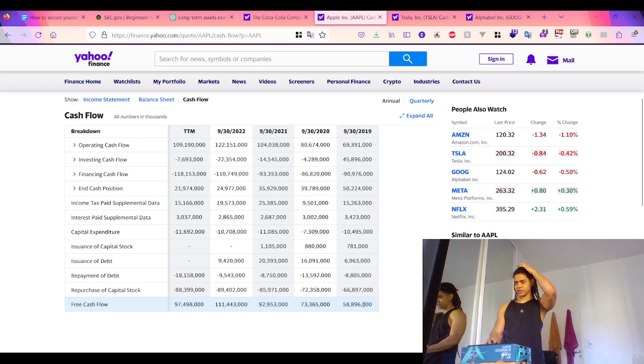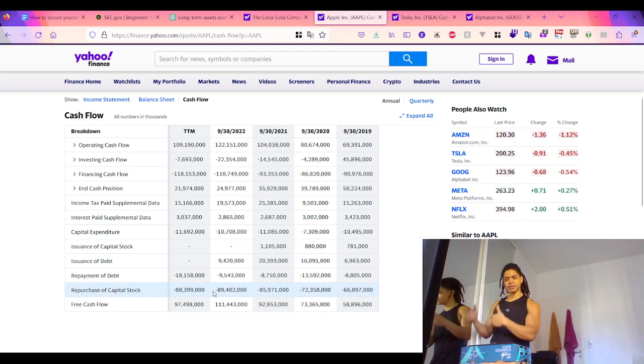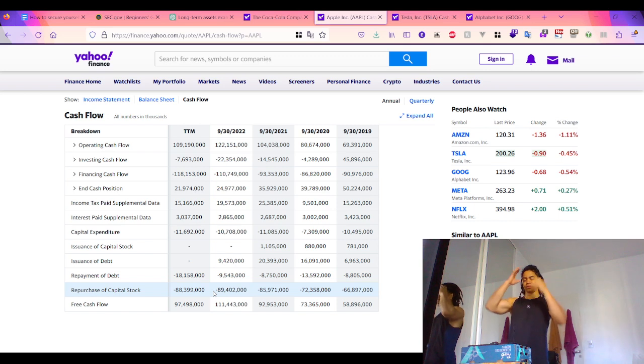For example, in 2019, it increased, not that much, even though they never stopped losing, so repurchase of capital stock. What they're doing is they just repurchase their own assets. Interesting.